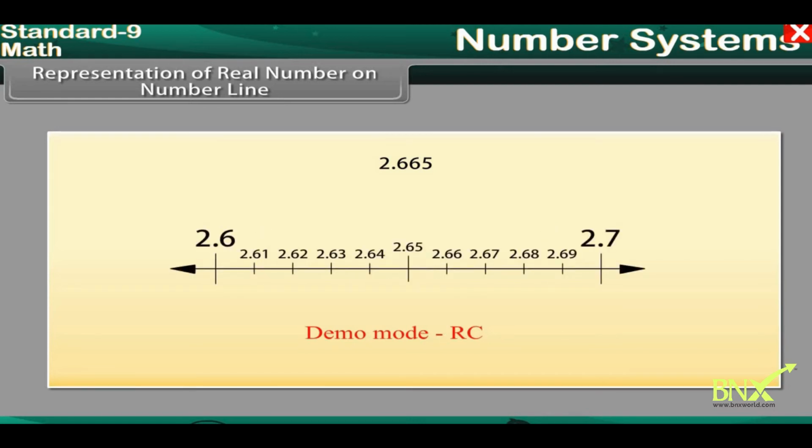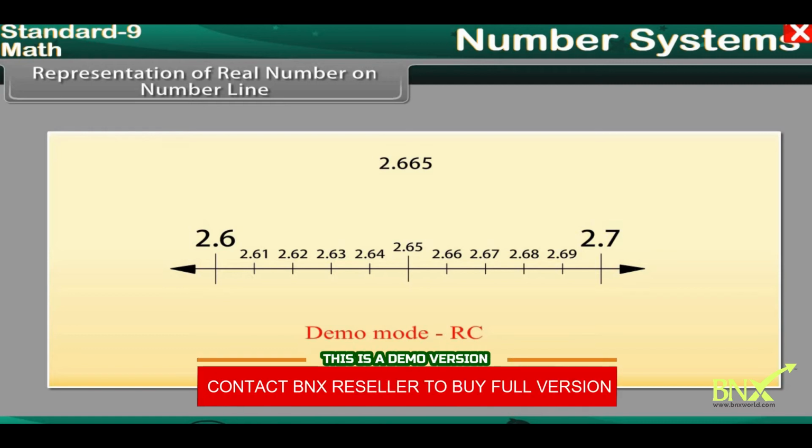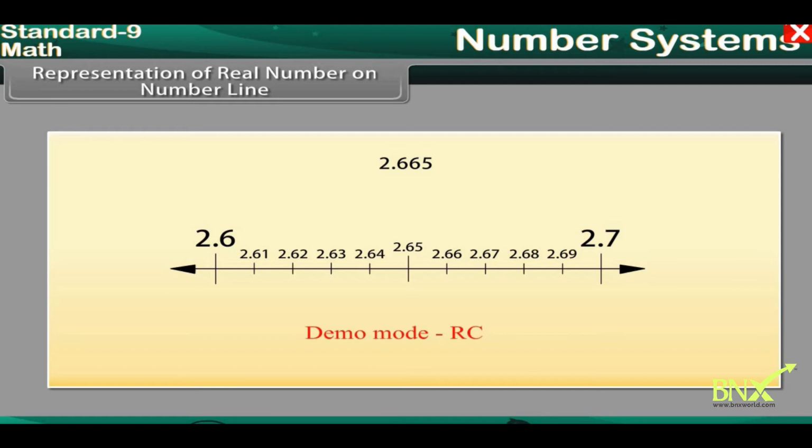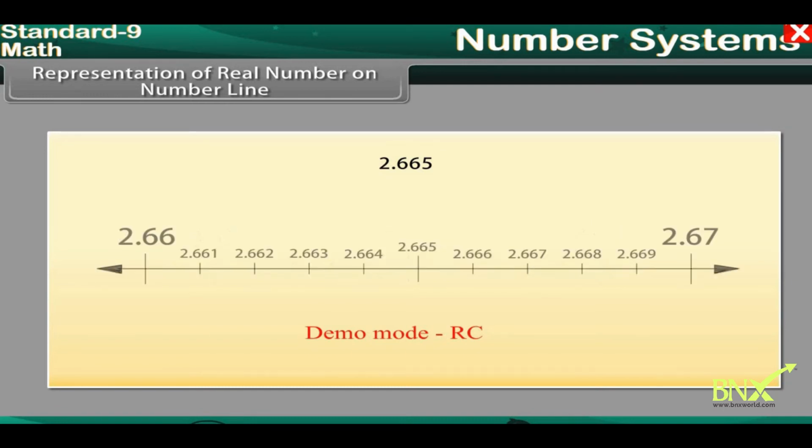Now focus on the portion between 2.6 and 2.7. Divide this again into 10 equal parts. The first part represents 2.61, the next 2.62 and so on. Again, 2.665 lies between 2.66 and 2.67. Let us focus on this portion of line and imagine dividing the portion into 10 equal parts.